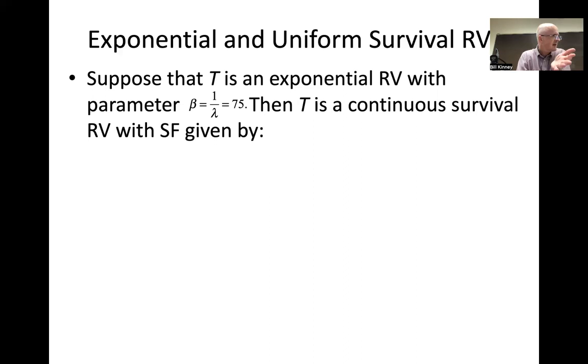You remember what the CDF is for an exponential? Probably don't. I actually did do an example with it, I think on Tuesday. It's 1 minus e to the negative lambda x. Alternatively, 1 minus e to the negative x over beta.